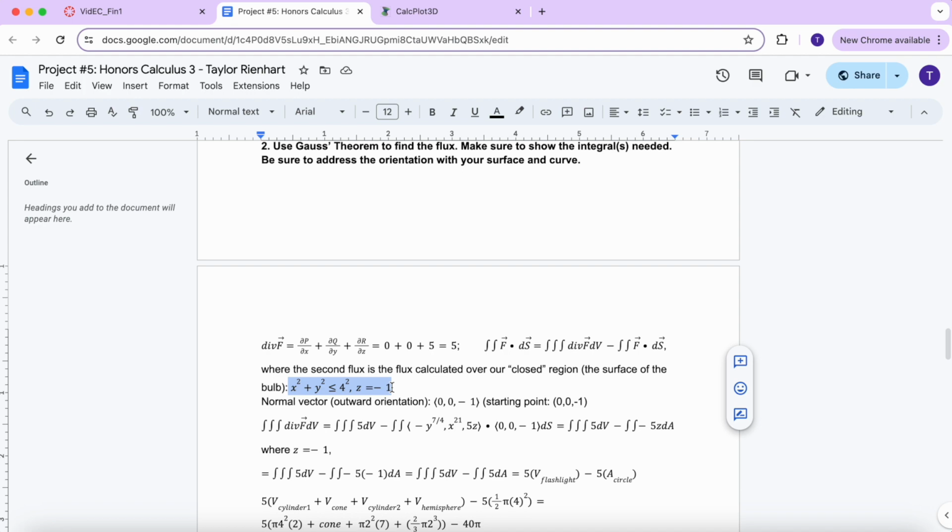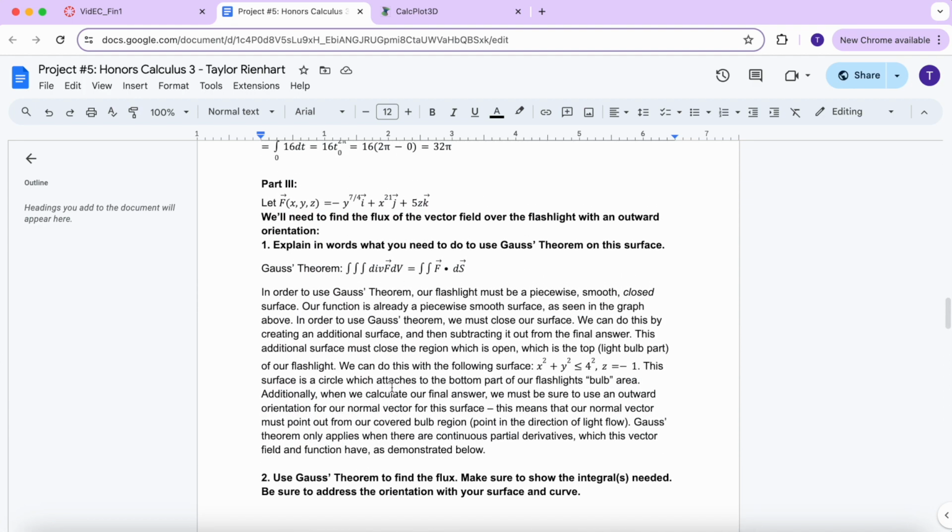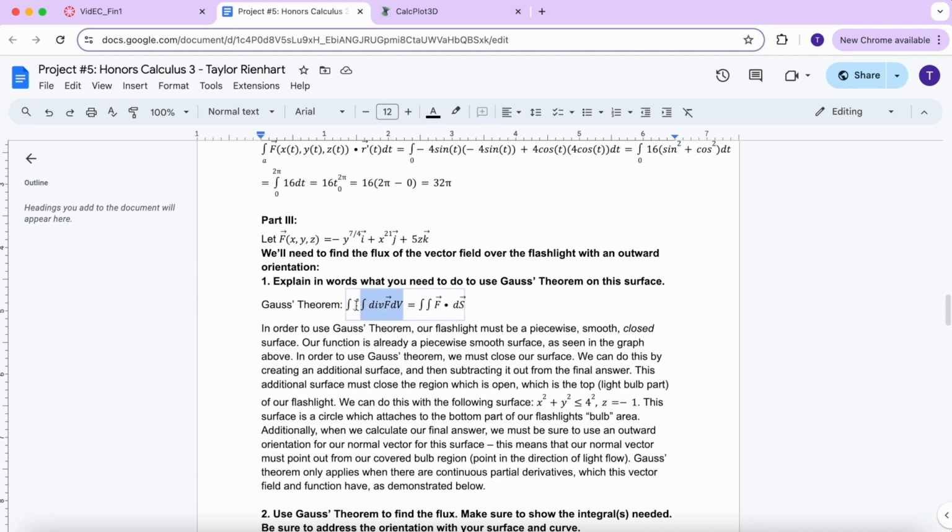Now, in order to use this, we are going to need to subtract it from the left-hand side. This is because our flux over the surface, that whole surface, does not include our circle, because our circle is not a part of our original shape.